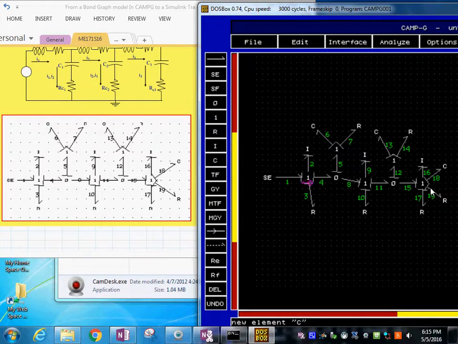Very good. So we have completed the bond graph model exactly as it is on the left hand side.